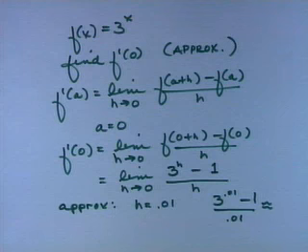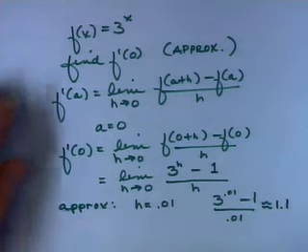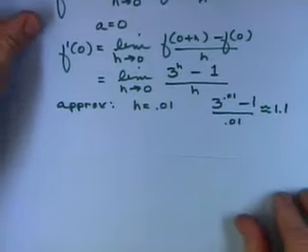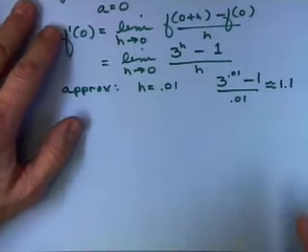A little more than 1? Yeah. Like 1.1. 1.1? Yeah. Okay, let's keep going with that process because we're supposed to let h approach 0, right?